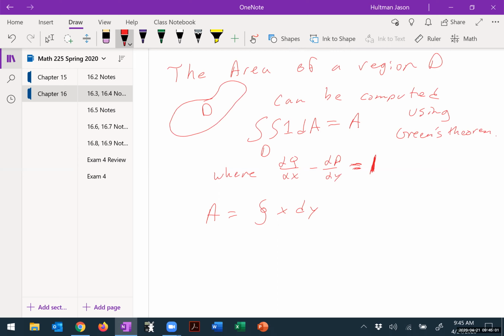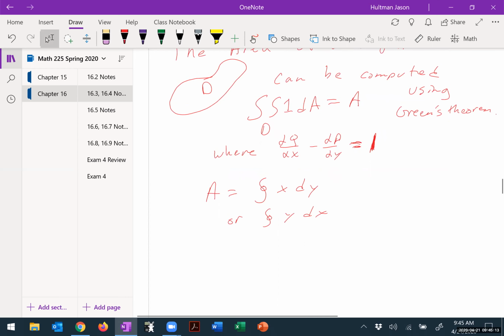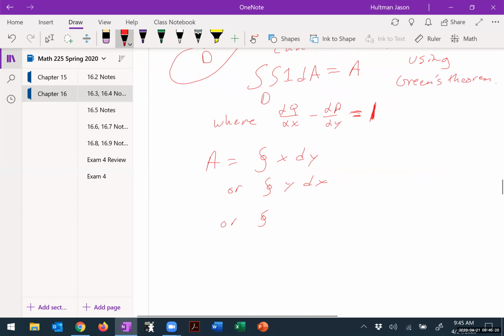That's one way to do it. Or the line integral of y dx, that's another way to do it. Or the more complicated version is 1/2 of x dy minus y dx. Now why does this work?